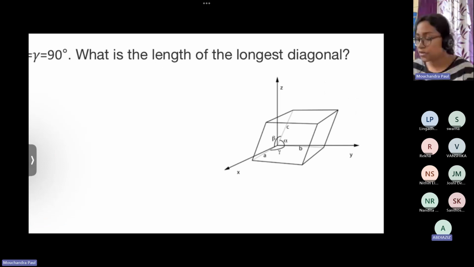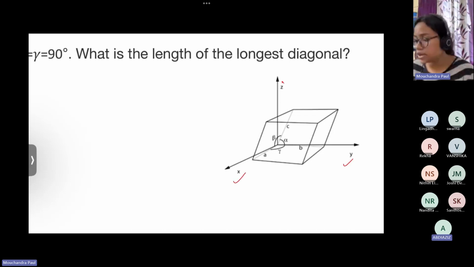What we do is we first draw the three axes x, y, and z. And there is a unit cell. The unit cell will have edge lengths A, B, C, and the angles between these edges are alpha, beta, and gamma.